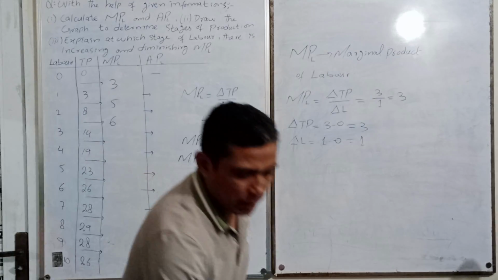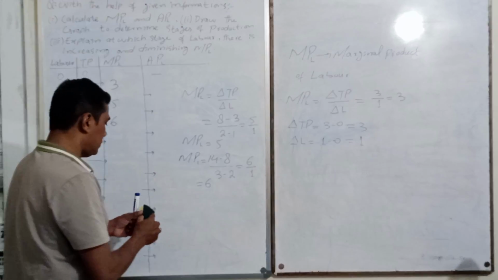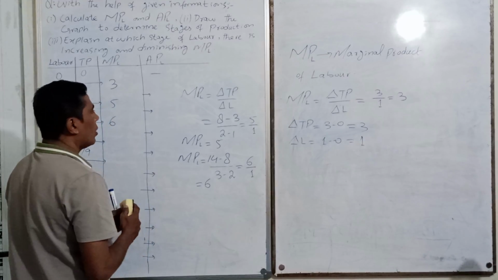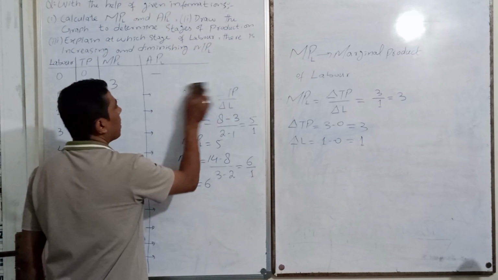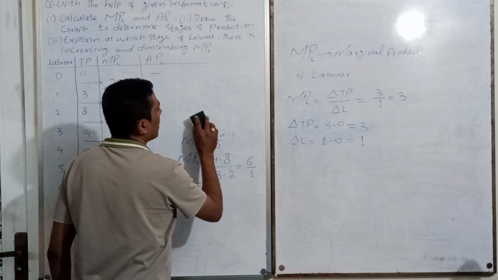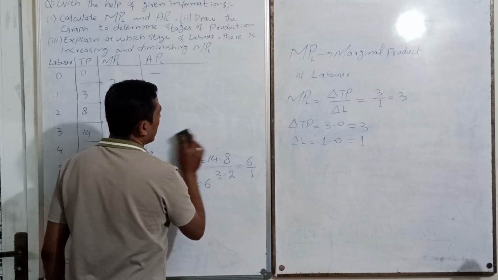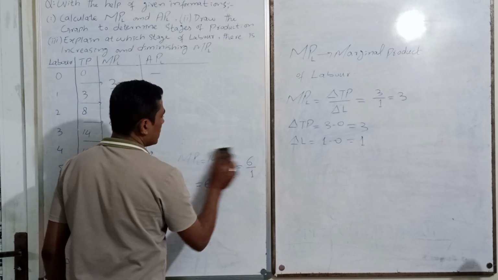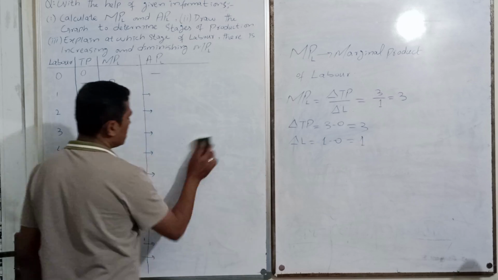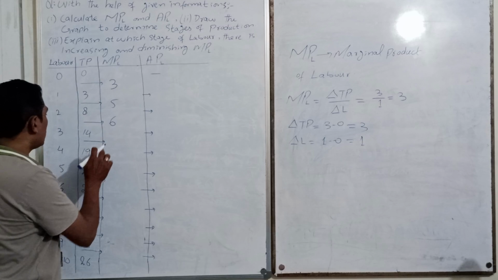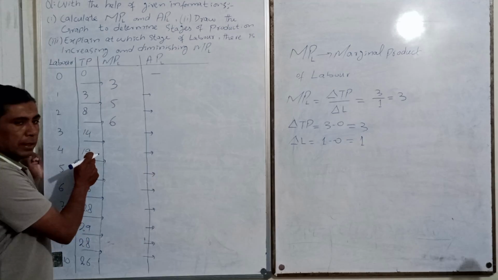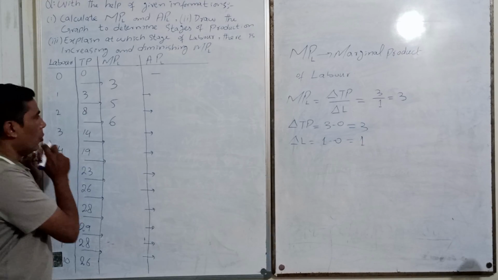Similarly, go for the next two values, 14 and 19, labor 3 and 4.